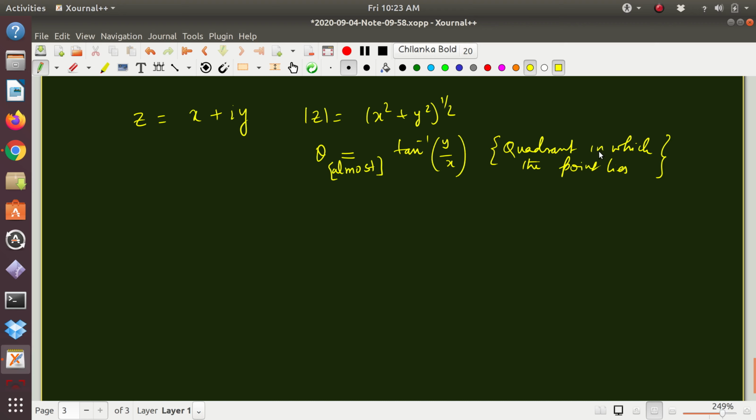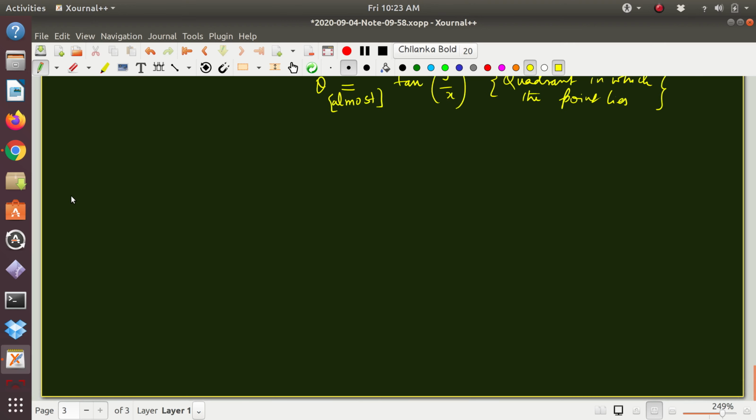There is another important idea about the argument of a complex number. The argument of a complex number theta is only defined up to an additive factor of 2 pi. Why is this?